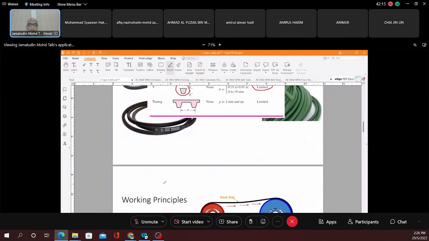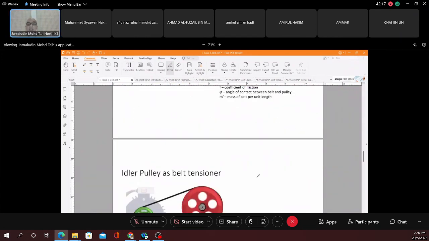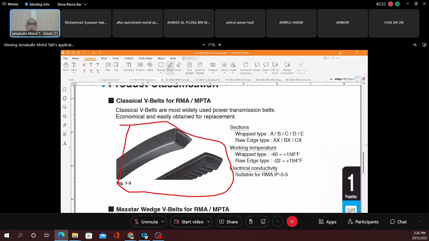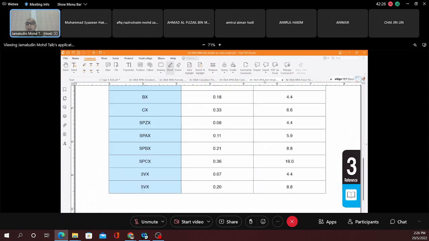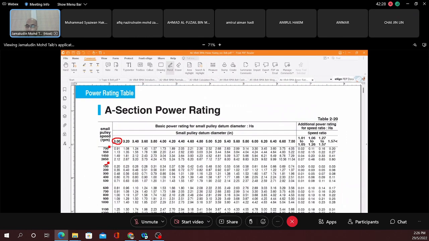Right now, up to 3:30, just get yourself familiar with what A1, A2, A3, A4, A5, and A6 are. Okay, 3:30, just go through the belt catalog.